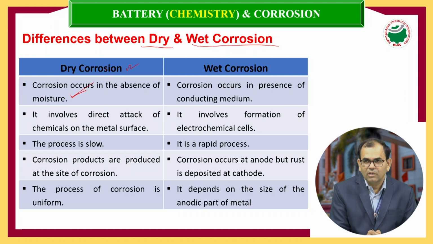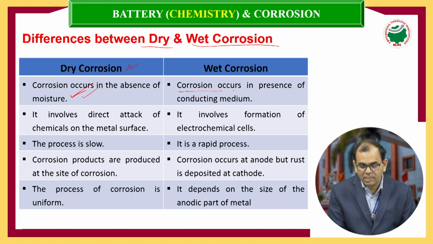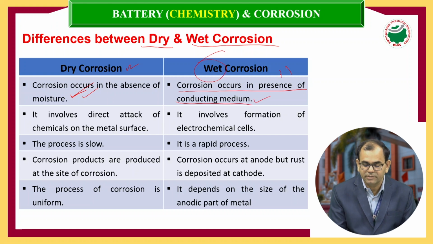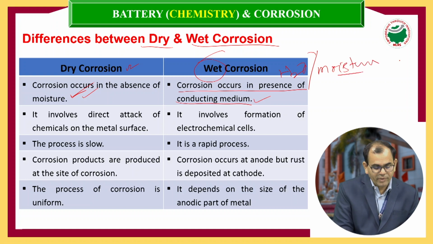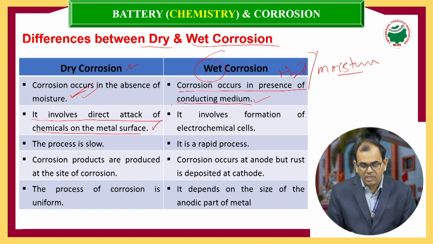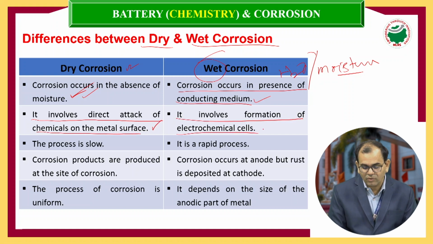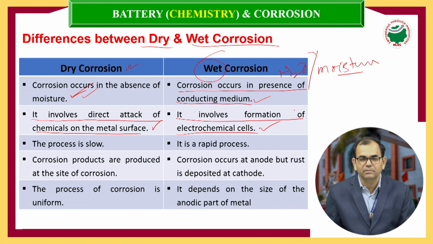Oxygen, and other gases like chlorine, hydrogen sulfide, sulfur dioxide, sulfur trioxide, etc. In wet corrosion, corrosion occurs in the presence of a conducting medium, that is mainly water, or atmospheric moisture. Dry corrosion involves direct attack of chemicals on the metal surface, whereas wet corrosion involves formation of electrochemical cells, oxidation and reduction.